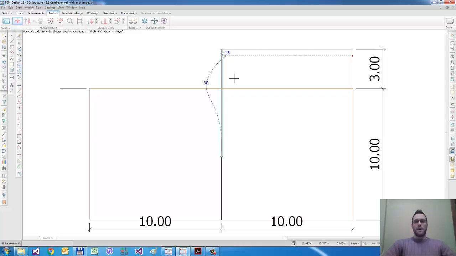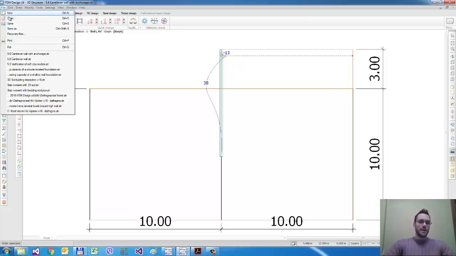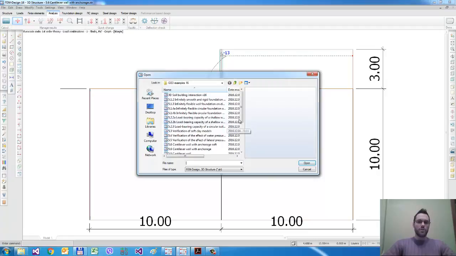But in this case the thickness of the wall has a much greater effect on the final moment distribution if we have this anchorage than if we do not have any anchorage at the top of the wall. So let's see another example where the geometry is the same, but I changed the thickness of the cantilever wall.